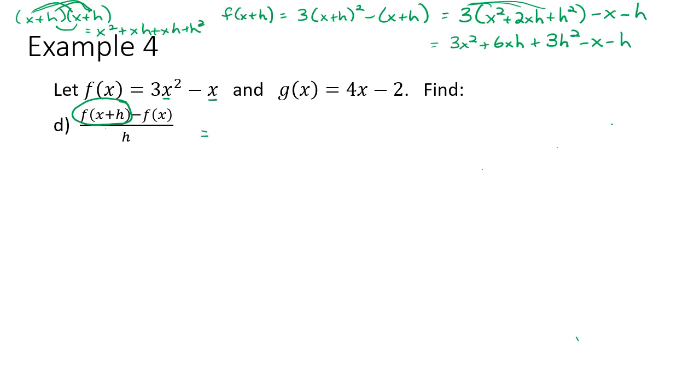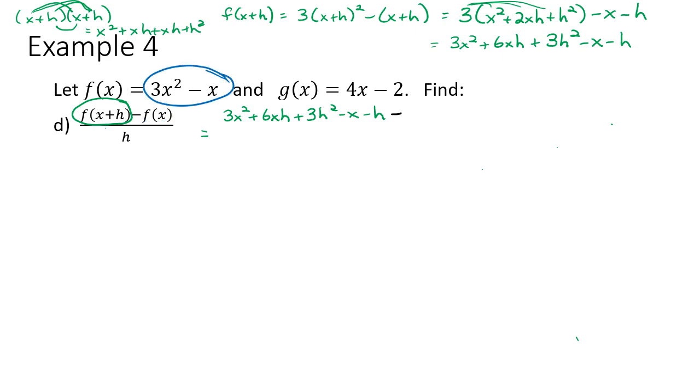So I'm going to plug all of this into the top left. 3x squared plus 6xh plus 3h squared minus x minus h. Now, in the top right, I still need to subtract off f of x, which we know exactly.